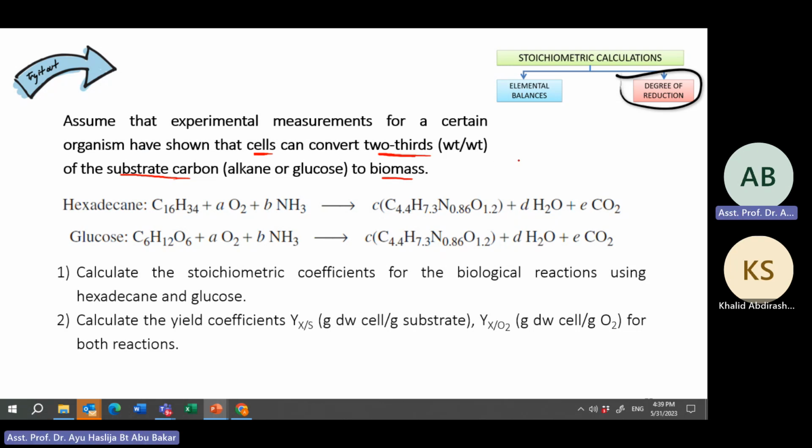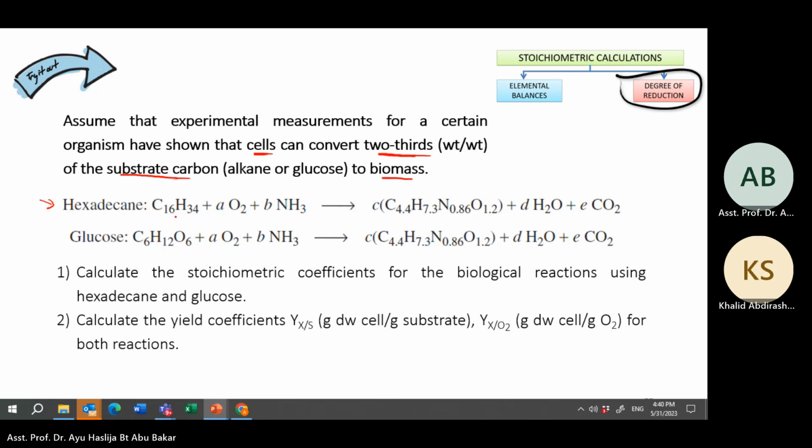So another 1/3. That means from the substrate, for example here, the first one, which one is the substrate? You need to identify first which one is the substrate. Yeah, the hexadecane.